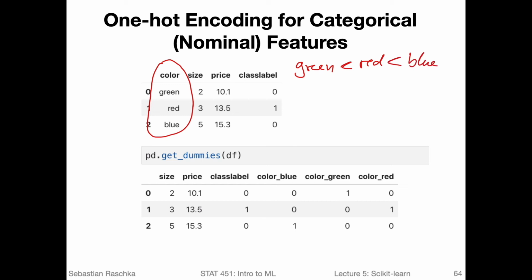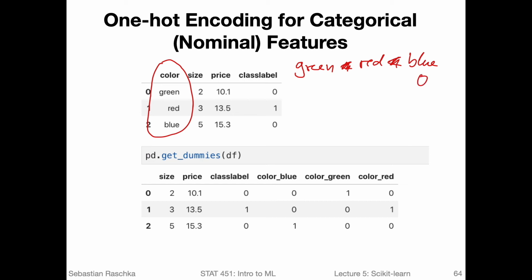Of course, there may be applications of that if there are certain rankings that depend on colors of uniforms or something like that. But in a general case, I would say colors have no order. We can't say one color is better or bigger than the other. So we now have a feature column where we don't have an order implied. If we were to use the label encoder, it may alphabetically assign integer values.